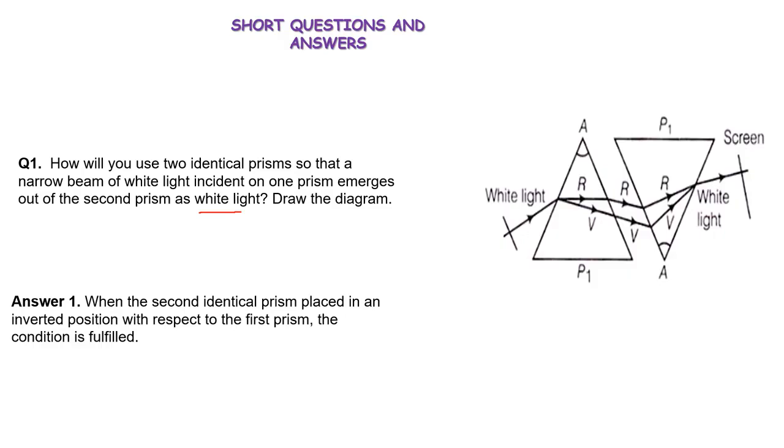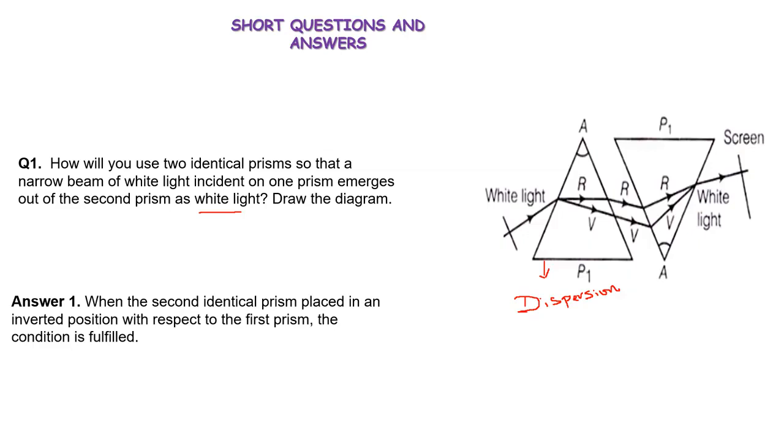Okay, so these two prisms are doing two different functions. The first prism is doing dispersion of light. Here you can write down dispersion. Dispersion of white light, or the spreading of the white light, is done in the first prism, and we get the 7 different components of white light.